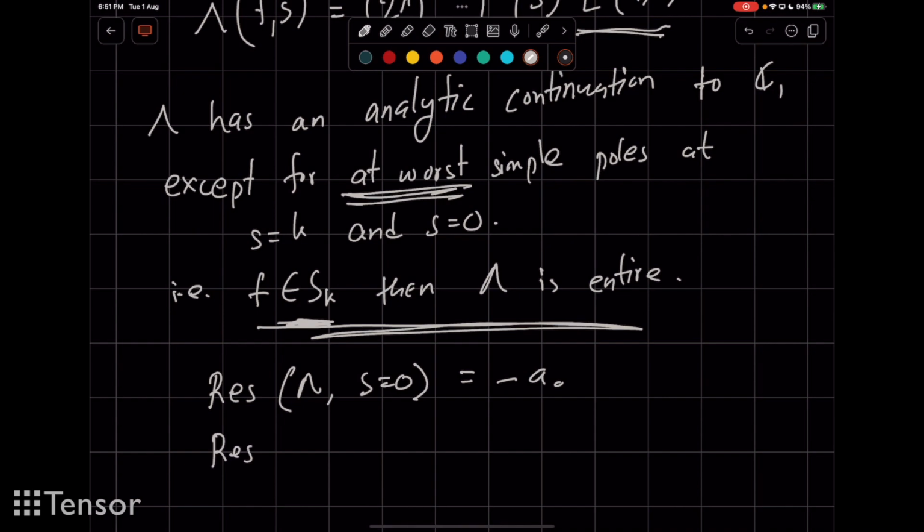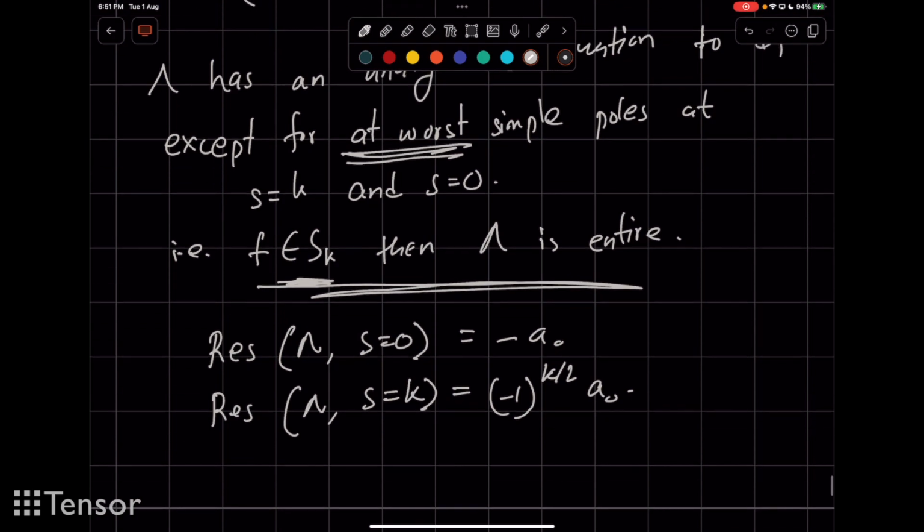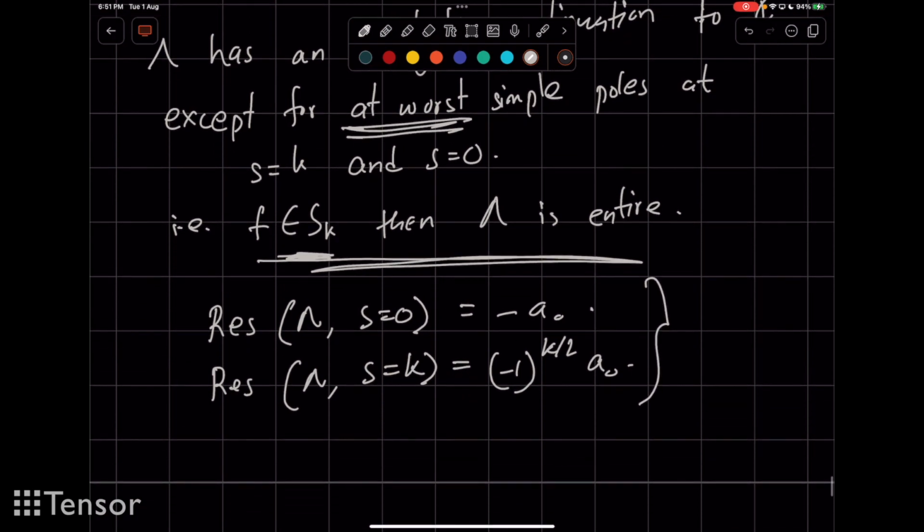Again, the residue of lambda at s equals k is equal to negative 1 to the power k over 2 times a_0. So the L function doesn't really forget the zeroth coefficient. It remembers it very well. And that is captured by this theorem, that the analytic continuation of the completed L function has residues involving a_0.